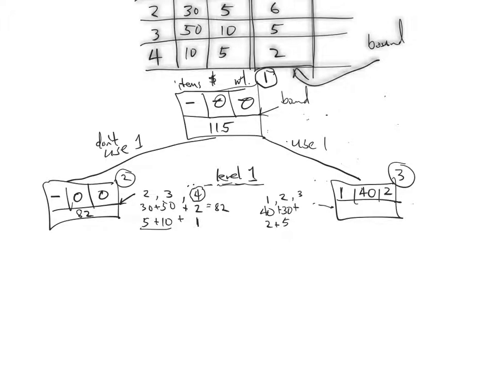Item 3 is worth $50 and weighs 10. Oh no, we can't. I miscalculated. It weighs 10 pounds, so we can only use 9 pounds of that. So just like before, we get the bound of 115. Since this bound was computed using the assumption that we were using item 1, if we actually are using item 1, of course the bound is the same.